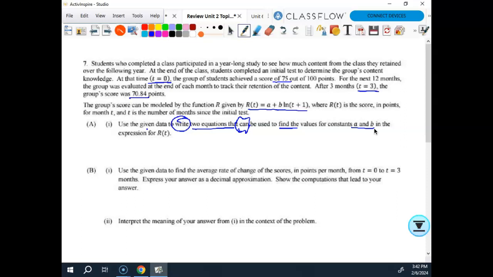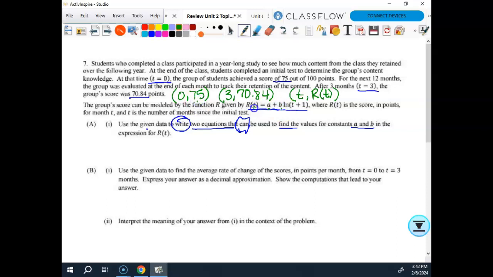Absolutely. Because I have 2 ordered pairs. I have the ordered pair (0, 75), and I have the ordered pair (3, 70.84). And all of these are t, comma, R of t. It's just an equation. So when I go to do this, I need to find a and b, so I need a and b to be my only variables.